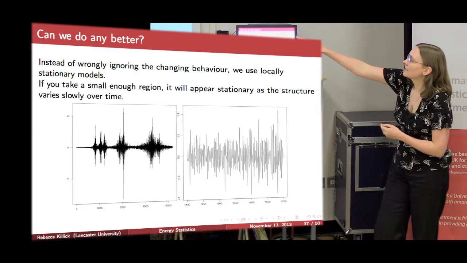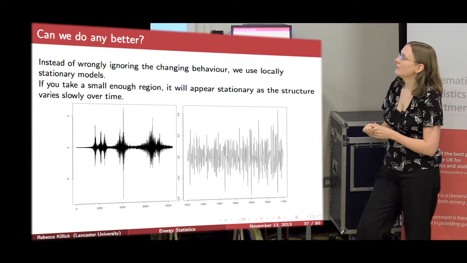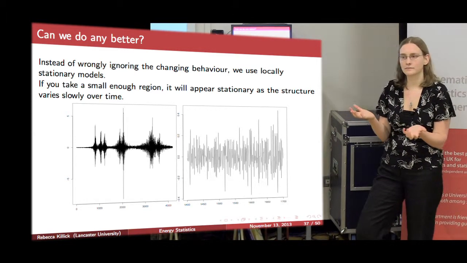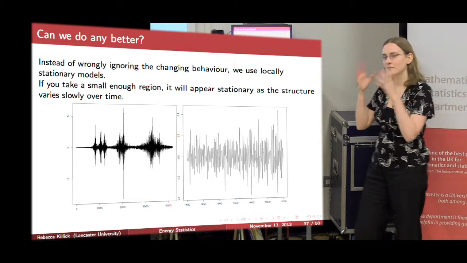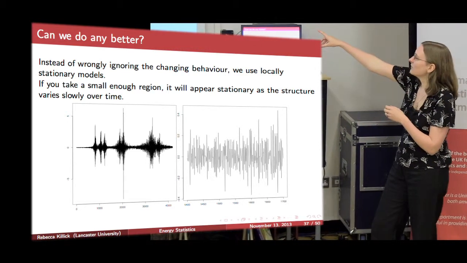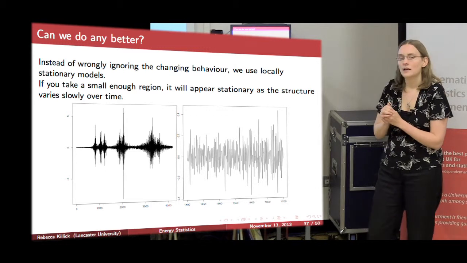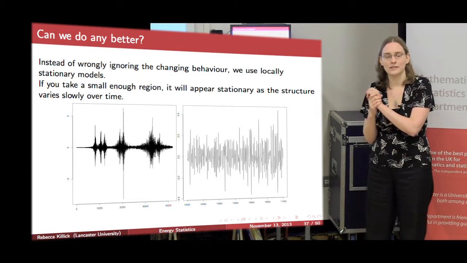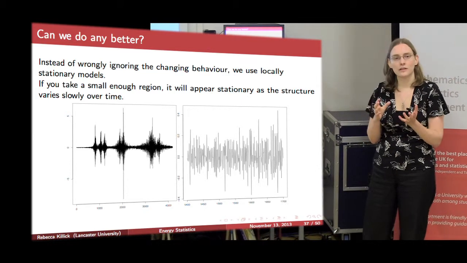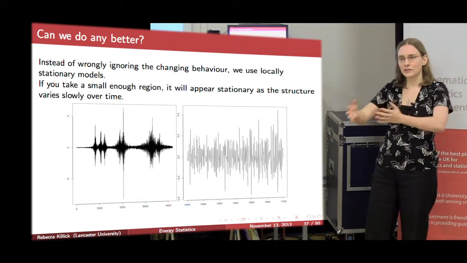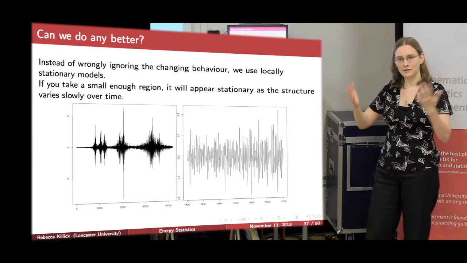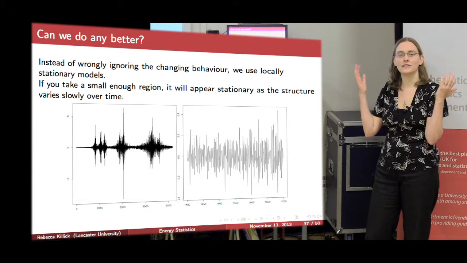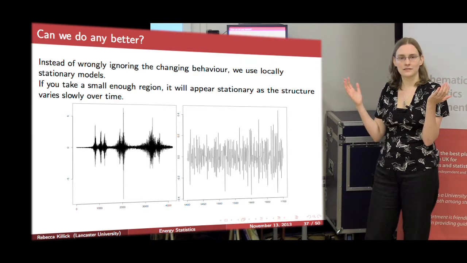So I've got an example here on the left that obviously changes over time. But if we actually zoom in far enough into the series, like we have on the right here, it actually looks like it might stay constant over time in terms of what's happening in the series. And that's what we call locally stationary. If you are looking at the whole thing, then you'd say, no, that's not staying stationary over time.